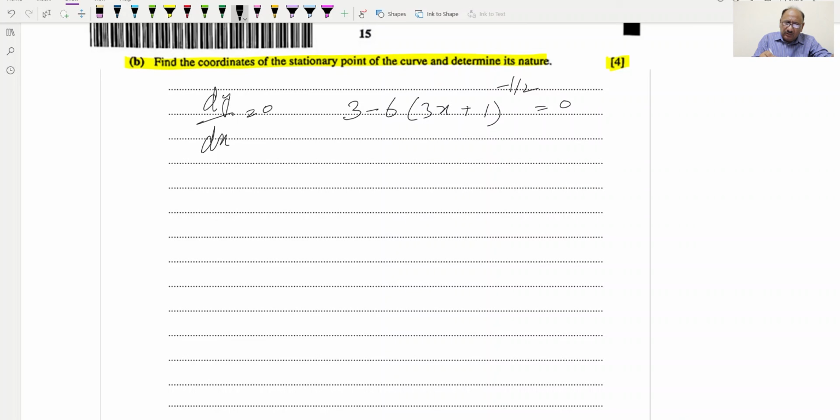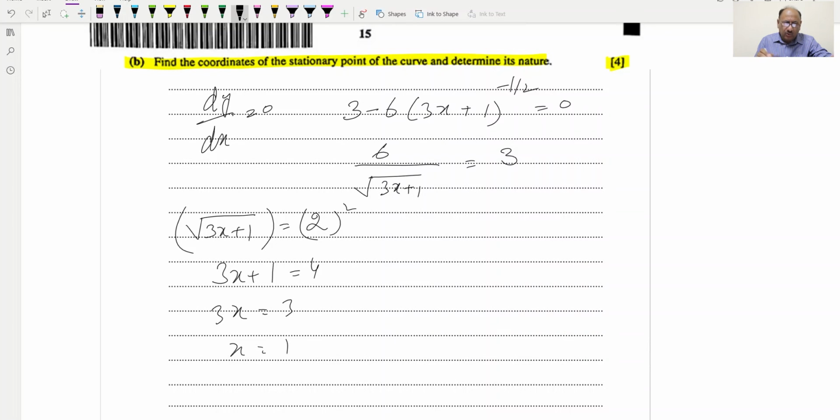We can rewrite it as 6 over under root 3x plus 1 equal to 3, and so under root 3x plus 1 is equal to 6 by 3, which is equal to 2. Take the square on both sides, so 3x plus 1 is equal to 4, so 3x is equal to 3, x is equal to 1. So x is equal to 1, this is the value which we got.